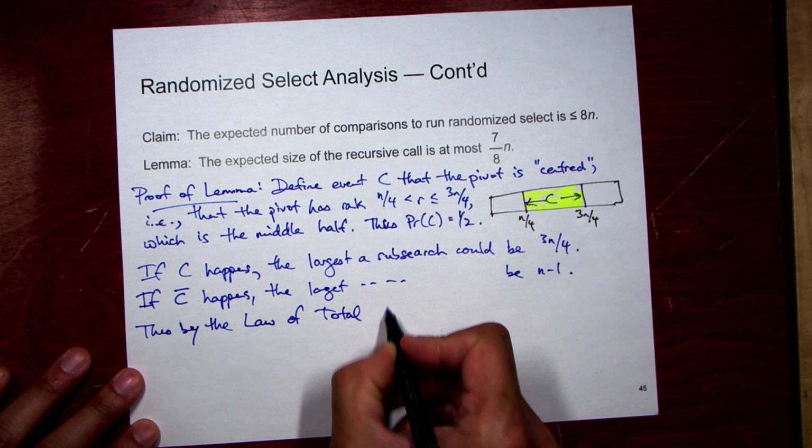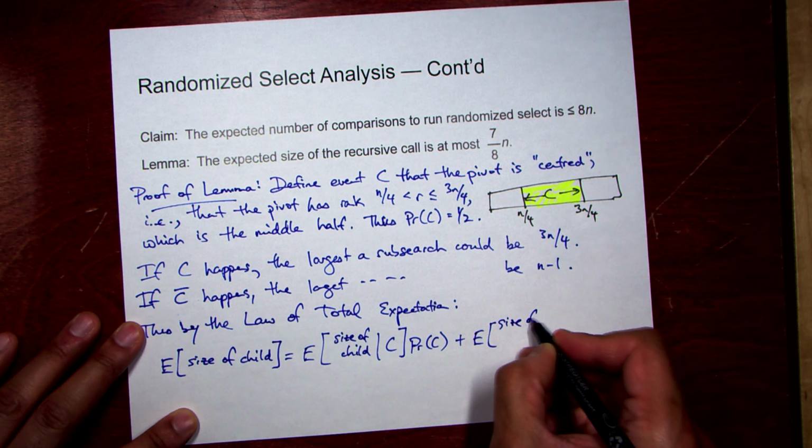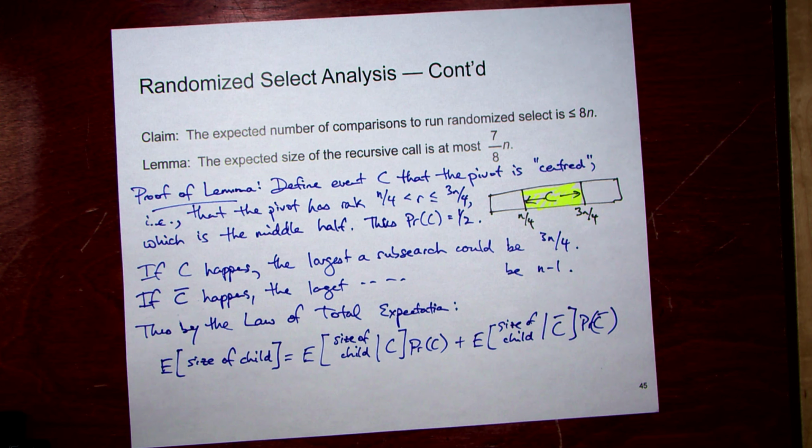So the expected size of the child is the expected size of the child given that C occurs, times the probability of C, plus the expected size of the child given that C doesn't occur, times the probability that C doesn't occur.